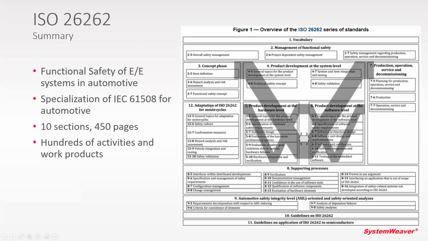As you see, many different phases are covered: concept phase, system development, hardware development, software, and also the supporting and management processes, and verification. It has 10 sections, 450 pages, and hundreds of activities and work products that need to be produced.